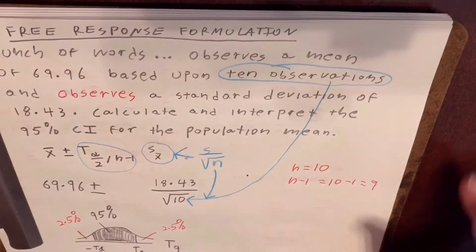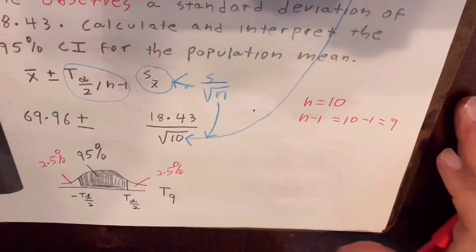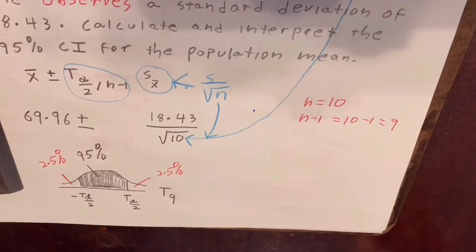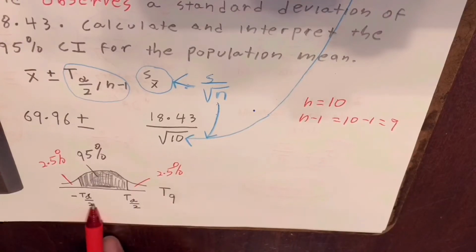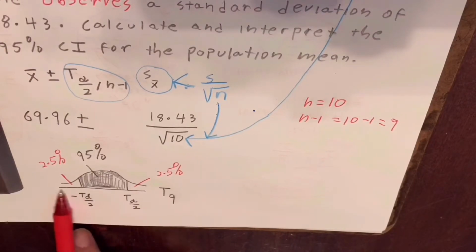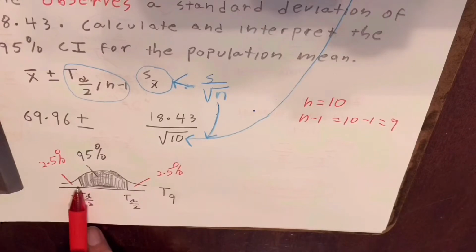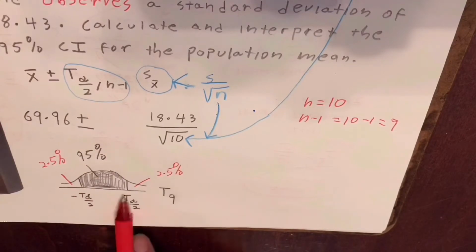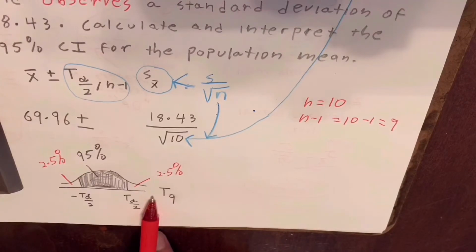So all we have to do here is just find that t-score that has 2.5% of the area to the left. Or we could use that t-score that has 2.5% of the area to the right. Now it depends on the table that you have.